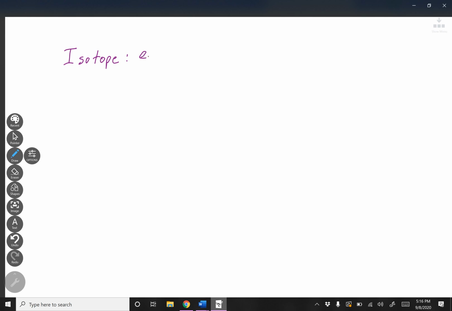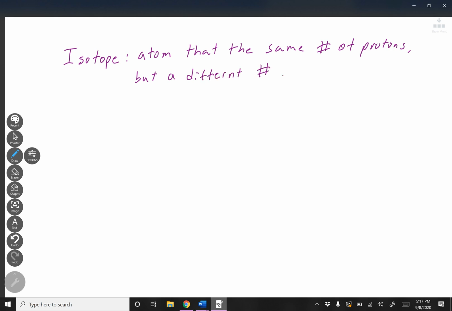Okay, so this is just an element, or let's say an atom, that has the same number of protons but a different number of neutrons for a given element.